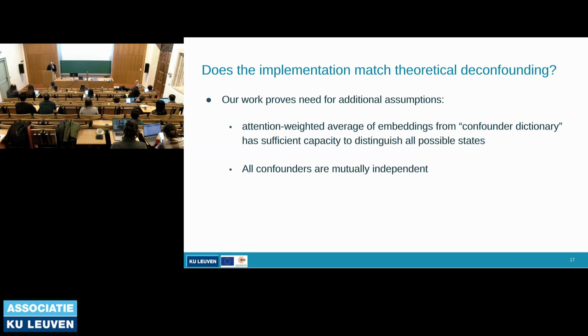The second one is that we showed that there are some additional assumptions needed for the implementation to match theoretical deconfounding, such as the fact that all the confounders need to be mutually independent and that you need to have enough representational capacity in the vectors that you retrieve from the confounder dictionary.